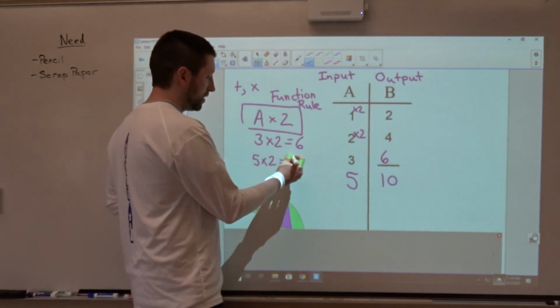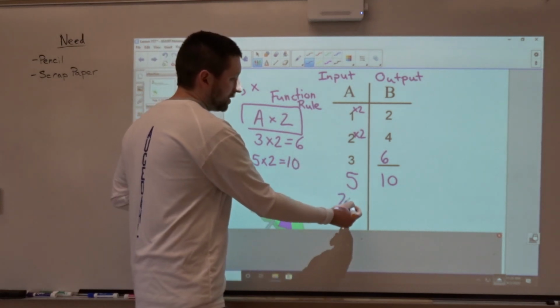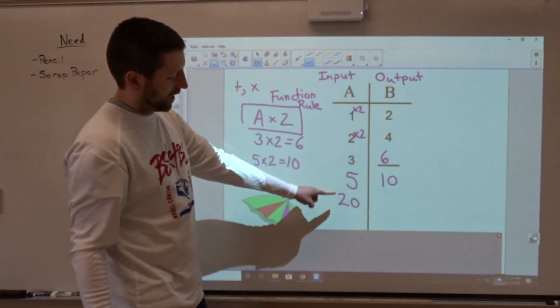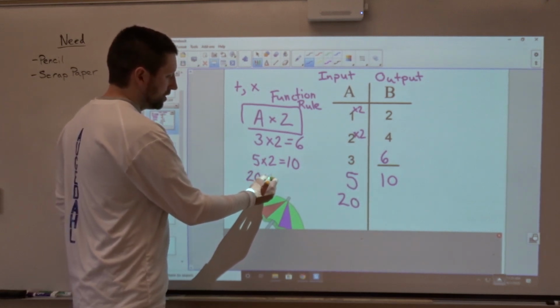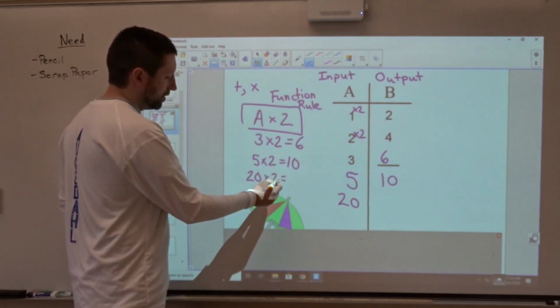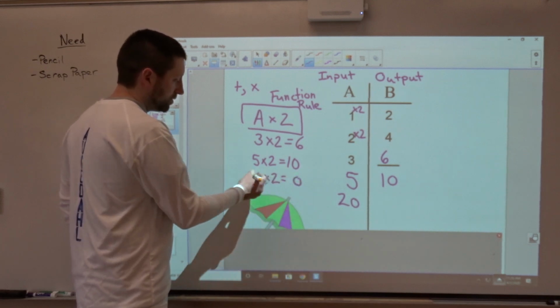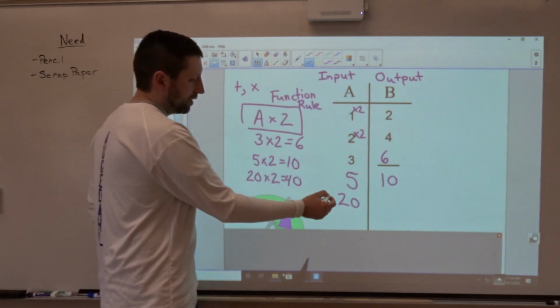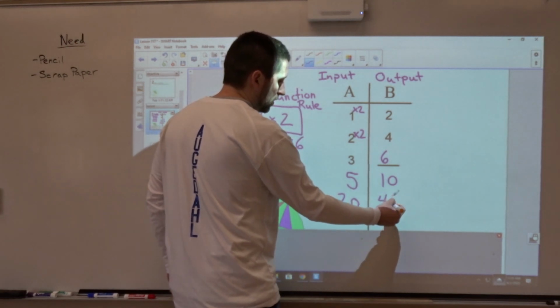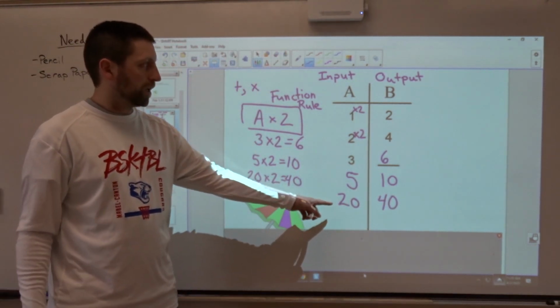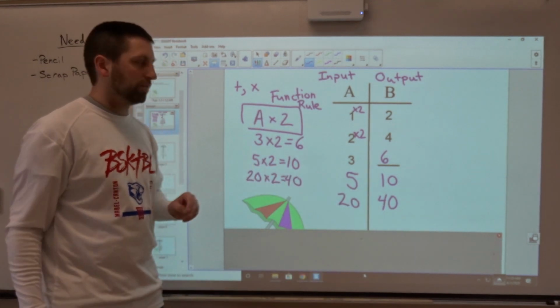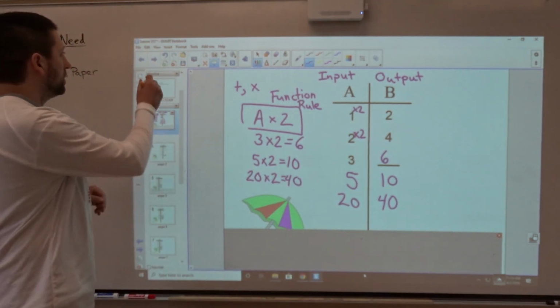I could put the number 20 in column A, and if I did 20 times 2, well, 0 times 2 is 0, and 2 times 2 is 4. B would be 40. So any number I put into A, B is going to be 2 times greater than that.